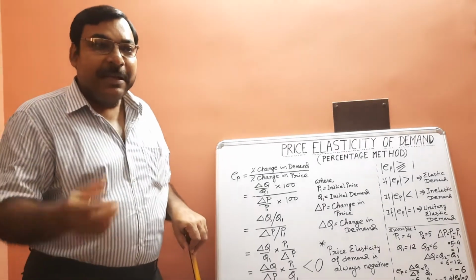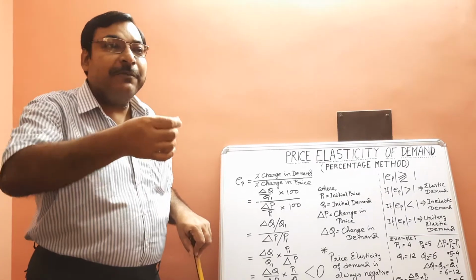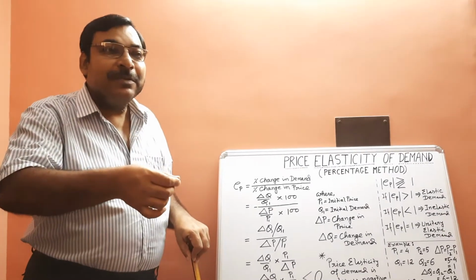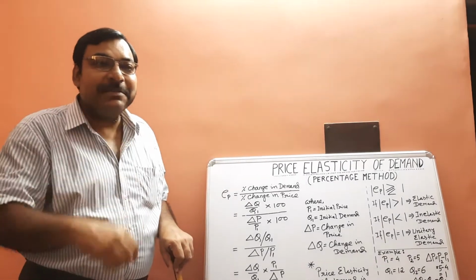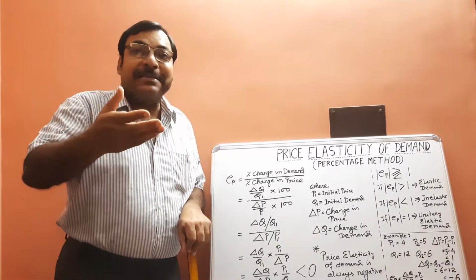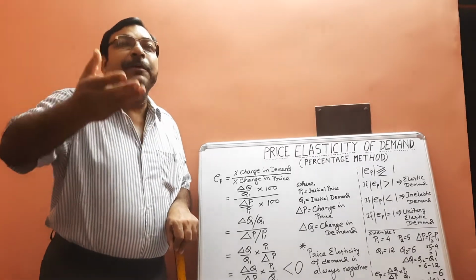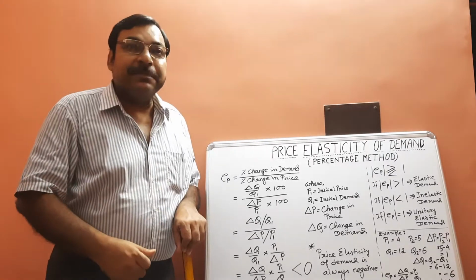Inverse relation. If price is falling, suppose price falls from 5 to 4, then what is the difference? 4 minus 5, minus 1. Change in price is minus 1. But when price falls, demand will not fall, demand will rise. Suppose demand rises from 10 to 15. 15 minus 10, change in demand will be positive.